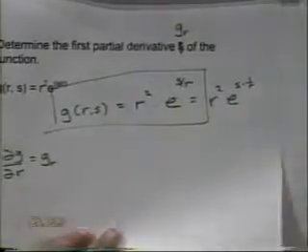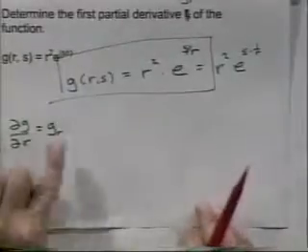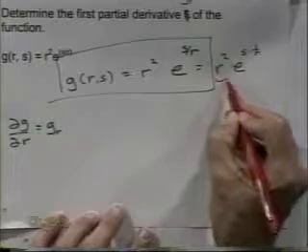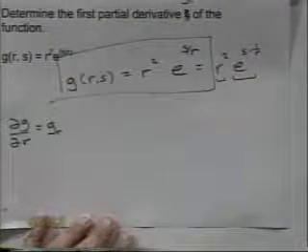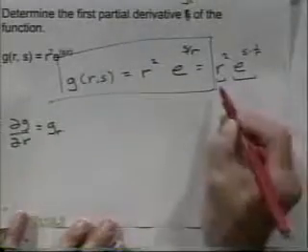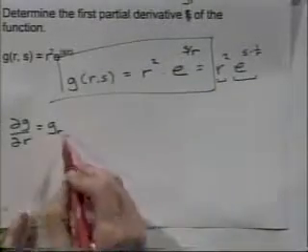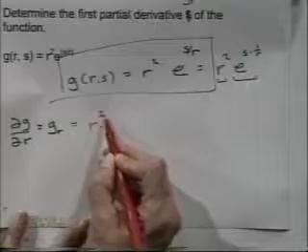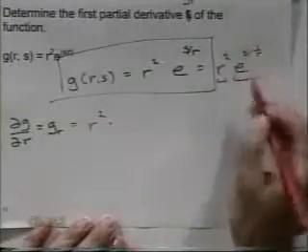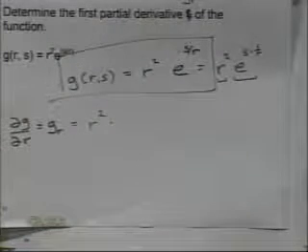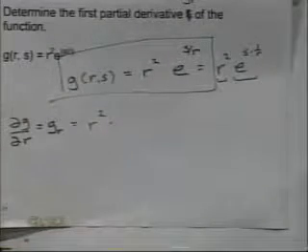You with me? S over r is s times 1 over r, because that's the constant s times the function 1 over r. Now again, since we're differentiating with respect to r, we have a product, don't we? You know, your stuff from Calculus 2 hasn't gone away. So we're going to be using a u times a v. So the partial of g with respect to r is the first function r squared times the derivative of the second. Now what is the derivative of e to the u? e to the u times the derivative of u.